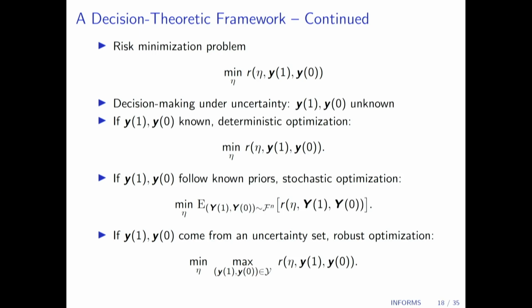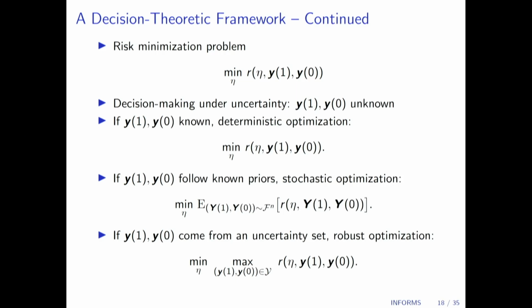And then we can choose the y1 and y0, the potential outcomes, to come from this uncertainty set. And this is the well-known robust optimization formulation. And if you're more advanced, you want to collect some historical data and build an uncertainty set around this historical data, you can as well do the distributionally robust optimization problem too.